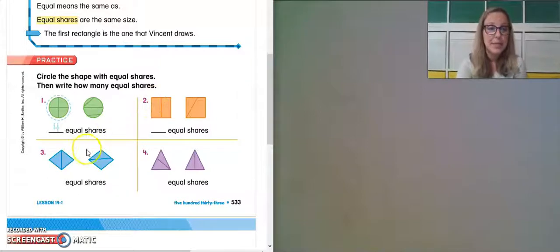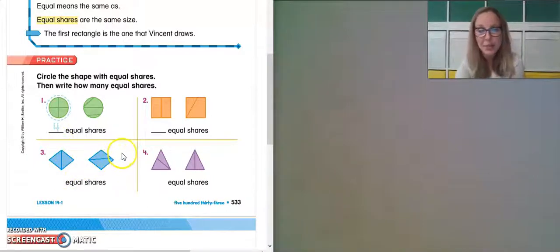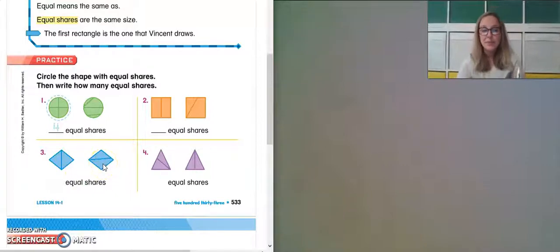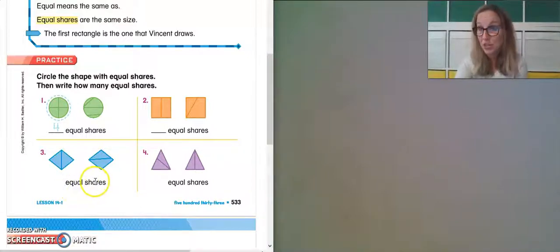All right. Looking at number 3, we have 2 different rhombuses. Sometimes we call those diamonds. One of them is split right down the center, and then this one, you see there's a line through it breaking it into 2 parts, but they aren't the exact same size. So to answer the question, how many equal shares are there?